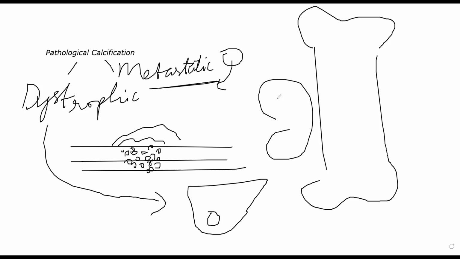But there is deposition of calcium and calcium salts and minerals. This will be categorized as metastatic calcification because it is not showing any apparent signs of damage, but there is calcification in that area.